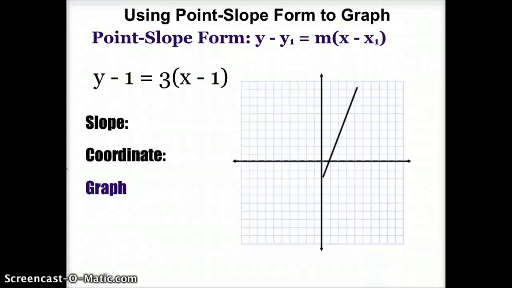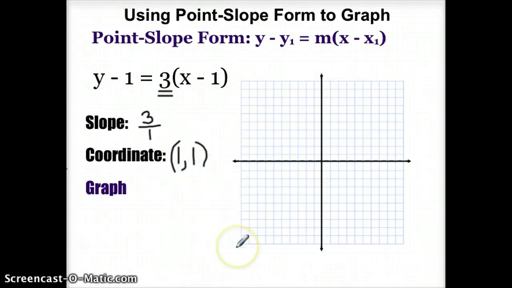Now, the good thing is that I can use point-slope form to help me graph. Here's what I mean. I know here that the slope has to be 3 because m is right outside the parentheses. If I wanted to write this as rise over run, I could put a 1 under it. The coordinate, well, x minus x1, so that means x must be 1, and y minus y1, so y1 is also 1.